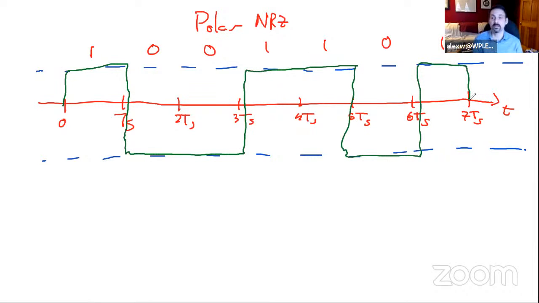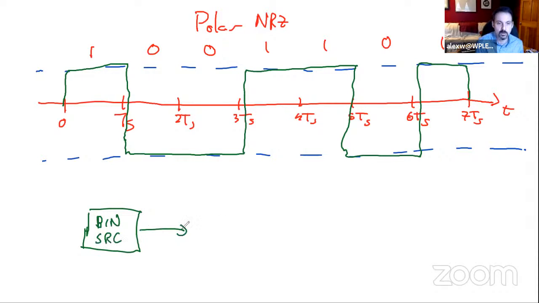Okay, fantastic. And the way this would look is we would have our binary source, bin source, shorthand. It goes into this mapping function for polar non-return to 0.